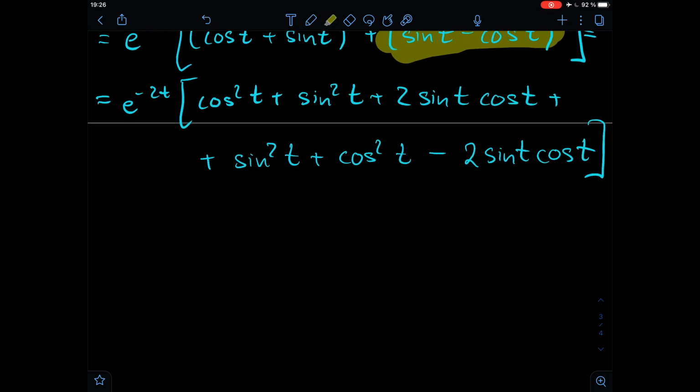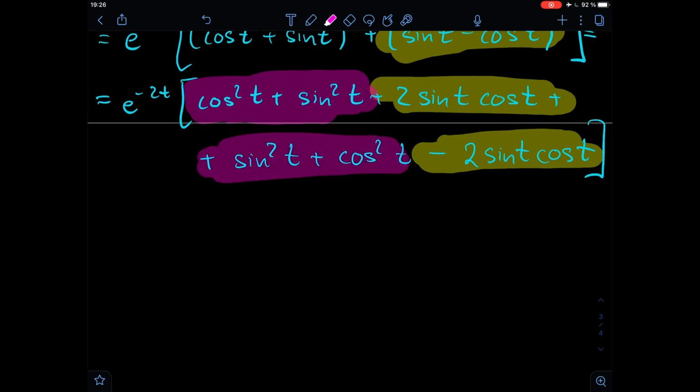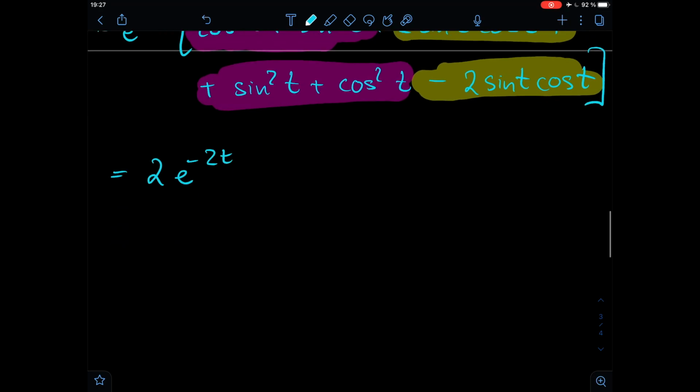Alright, so cool thing here is this and this cancel each other out, and we have a beautiful relationship between cosine squared and sine squared, because here we have cosine squared plus sine squared, which is 1, and here we have sine squared plus cosine squared, which is also 1, and this will leave us with the eventual result of 2 times e to the power of minus 2t.